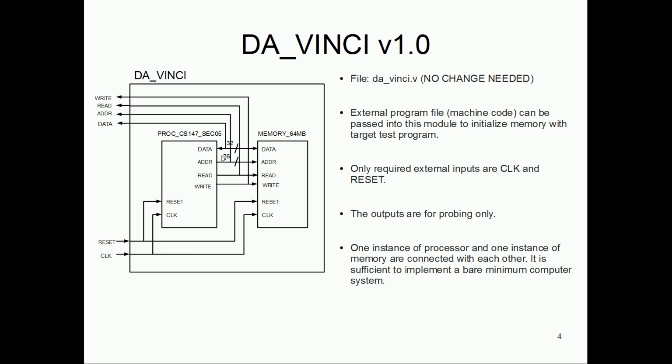The processor either reads data from the memory or writes data back into the memory. It issues the address for the read or write operation, and it sets the read and write signals correctly for the memory cycle. That's all the processor does. The execution is done in this way.